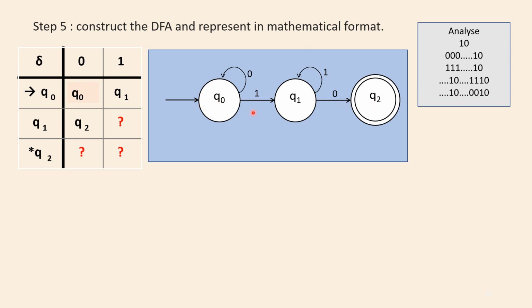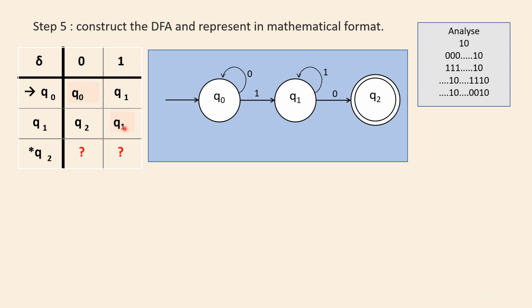Now if I have any combination of ones and zeros ending with 1, 0, it is going to the final state. See here, Q0 with n number of zeros and 1, 0 goes to the final state, and n number of ones and 0 goes to the final state.